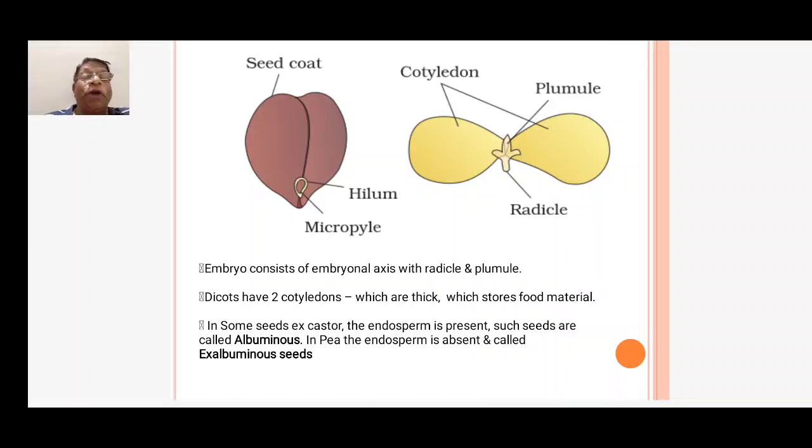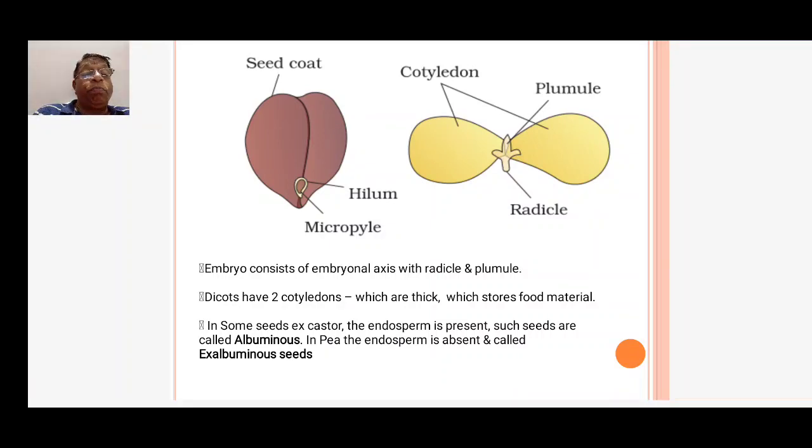Now, one point we have forgotten. The embryo consists of embryonal axis with a radicle and plumule. You can see the dissected part of scissor. Plumule, it consists of leaf-like structures. Later on develops into shoot system.